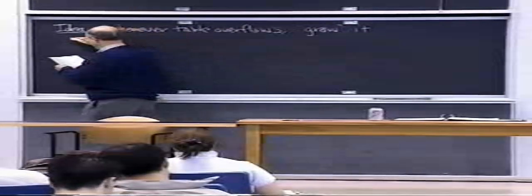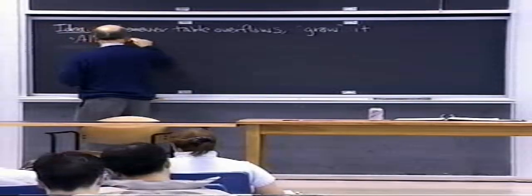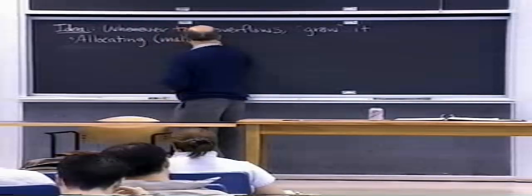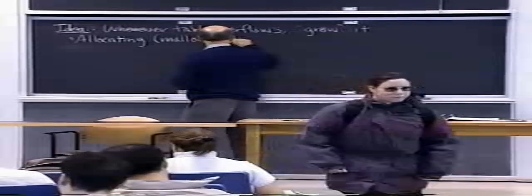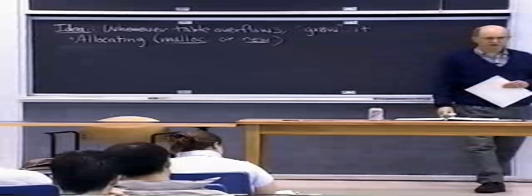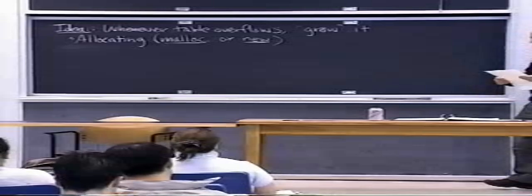And we're going to do that by allocating. In C, you use the call malloc, or in something like Java, I guess it's new. Is that right? Yeah. Okay. That's how you allocate stuff.